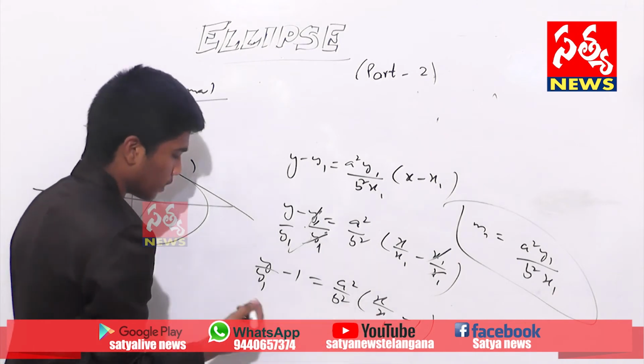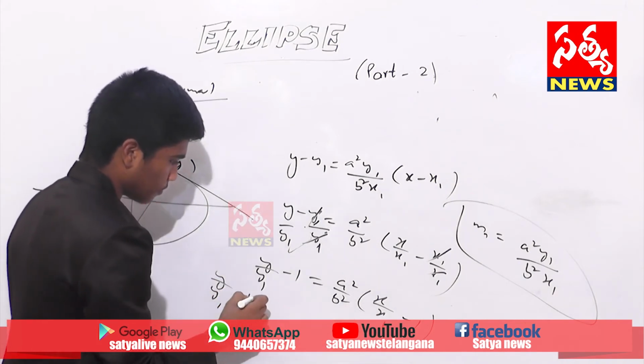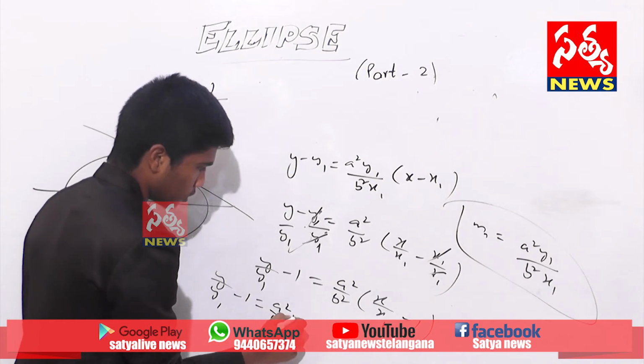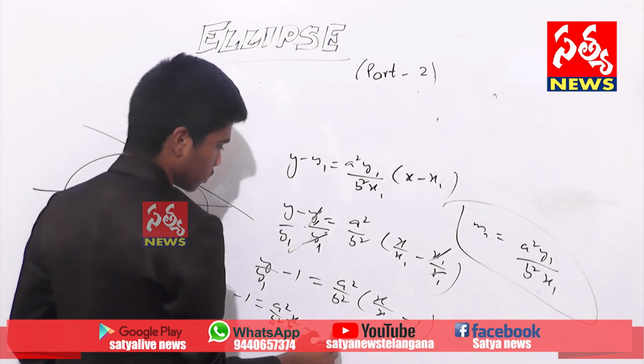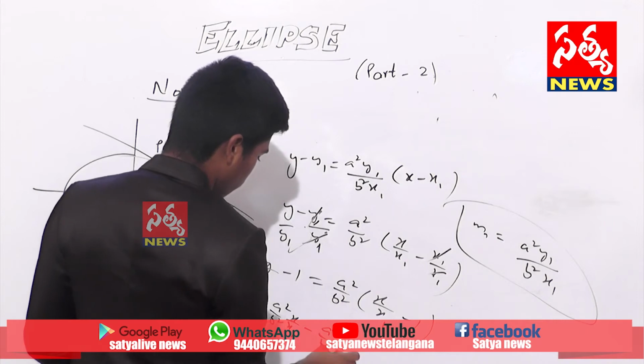Now multiply this out: (a² / b²)(x / x1) - a² / b².